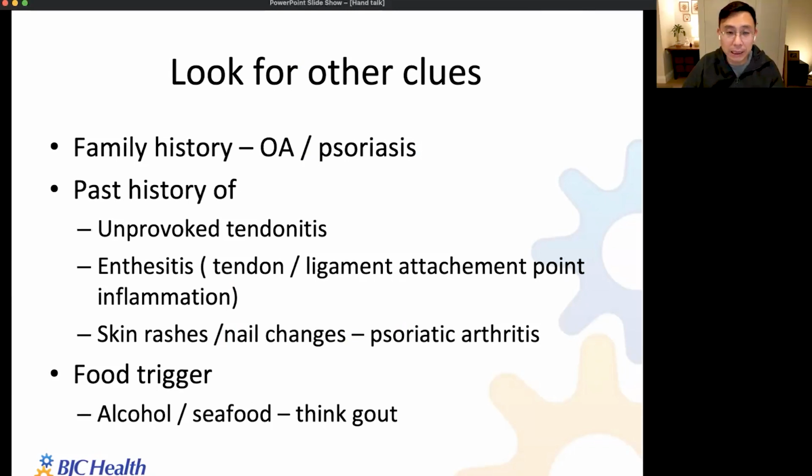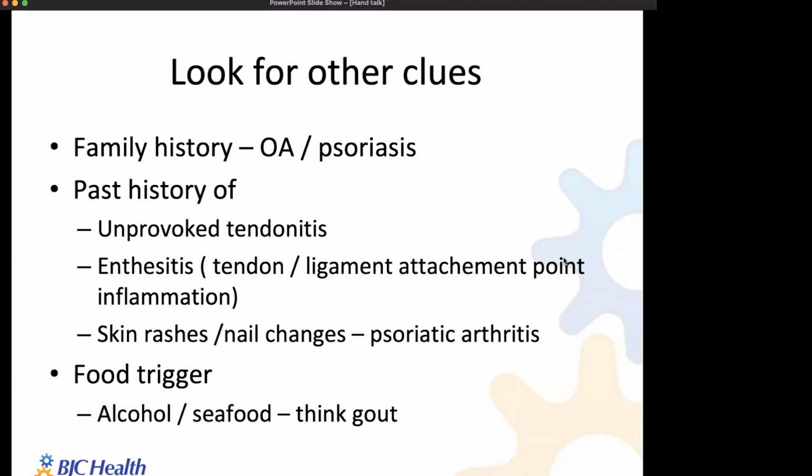The other clues we check are whether there's a family history or personal history of psoriasis, because 30% of patients with psoriasis, which is a skin rash with flaky skin, can get inflammatory arthritis. If a person has multiple episodes of unprovoked tendonitis, or tendonitis not related to overuse or physical activities, then we think about whether there is an autoimmune process going on.